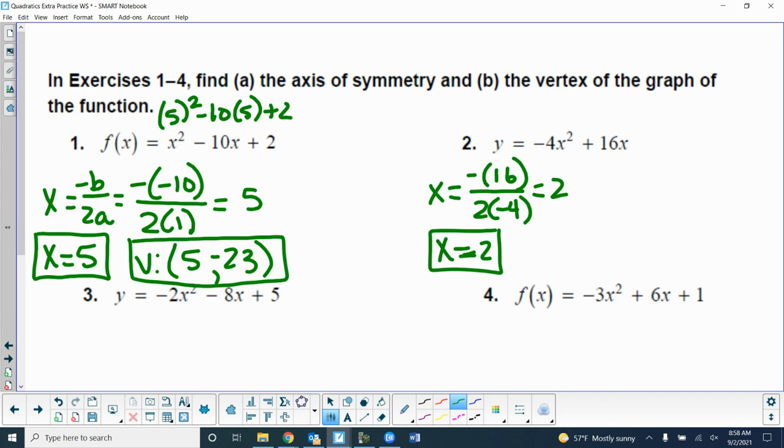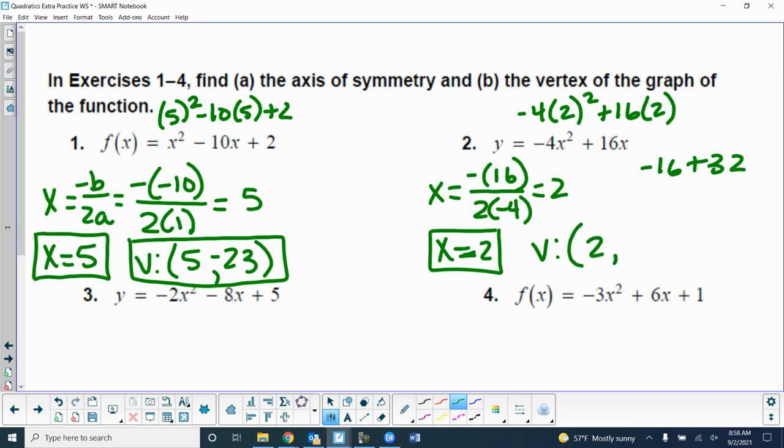So it's negative 4 times 2 squared plus 16 times 2. What's 2 squared? 4 times negative 4. Negative 16. What's 16 times 2? What's negative 16 plus 32? Positive 16.